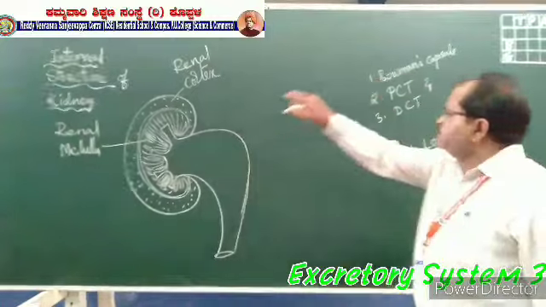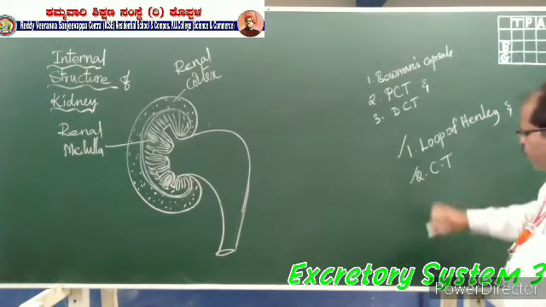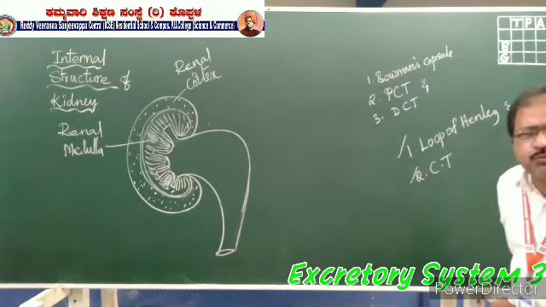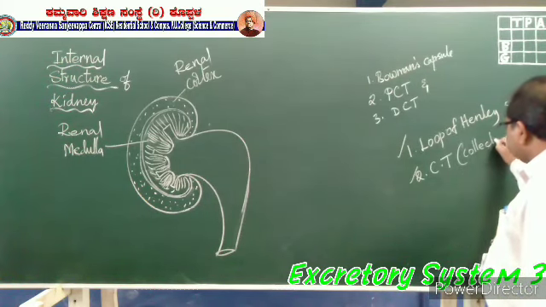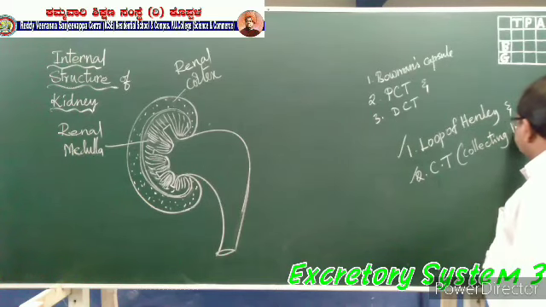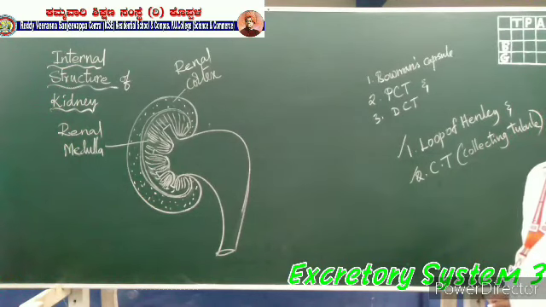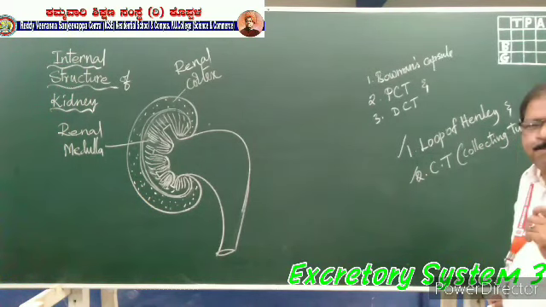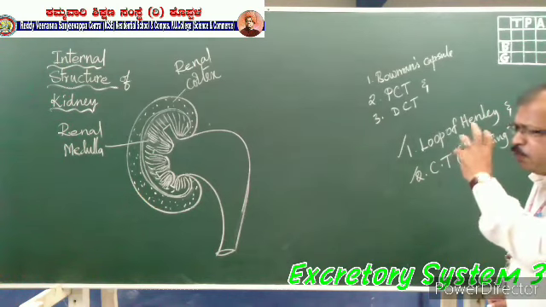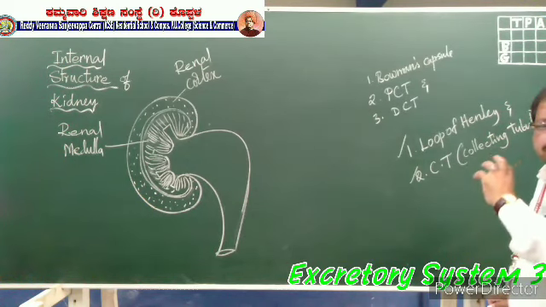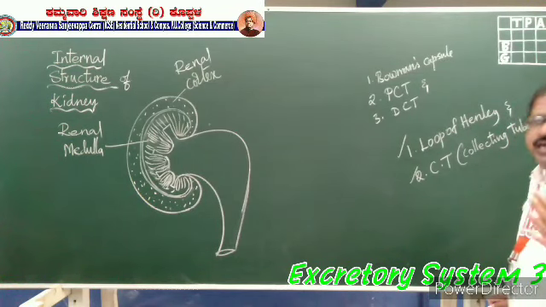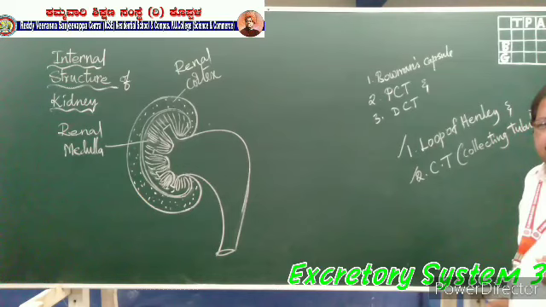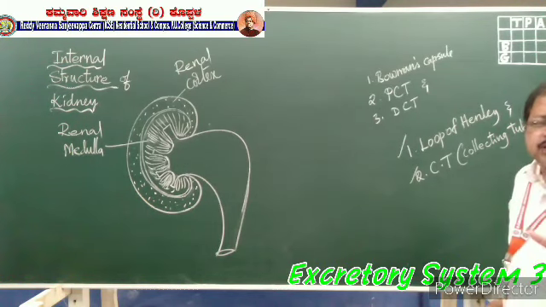This striped appearance is because of the presence of the loop of Henle as well as the collecting tubule. CT means collecting tubule. Because of the presence of the collecting tubule and the loop of Henle, the inner portion of the kidney, the medullary portion, that is the renal medulla, is light red in color and has a striped appearance.